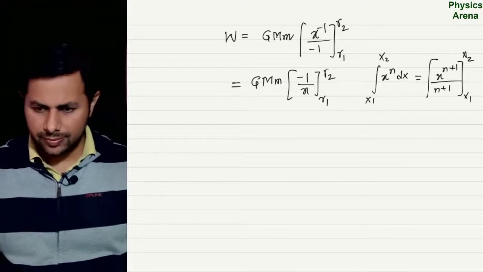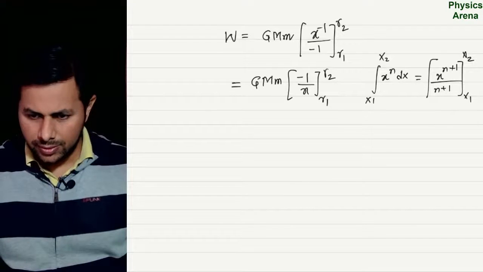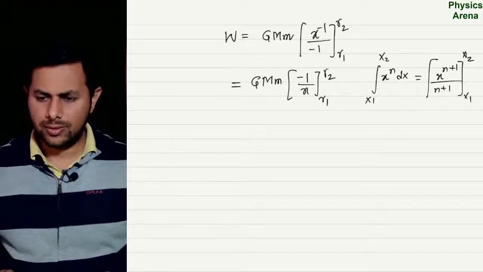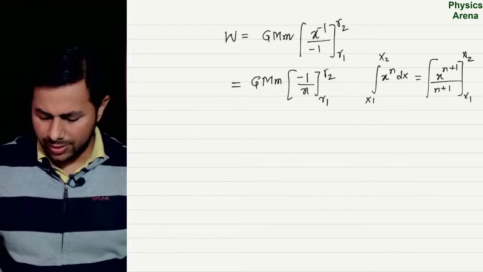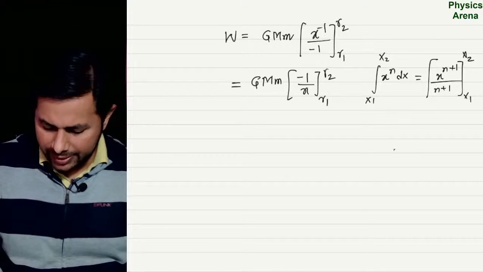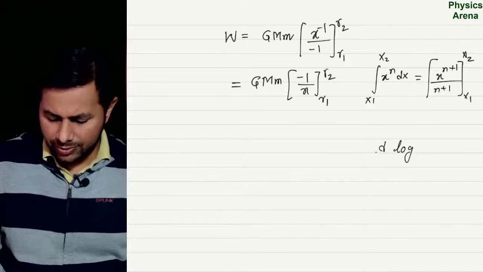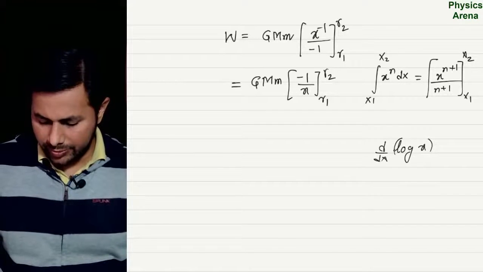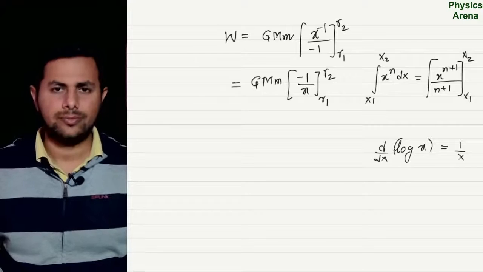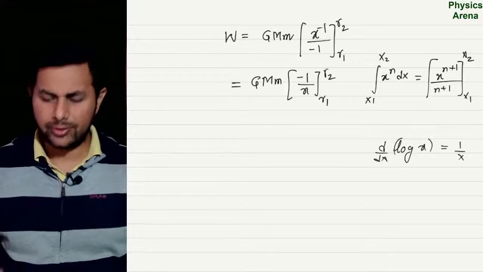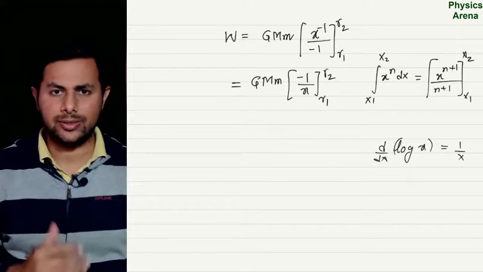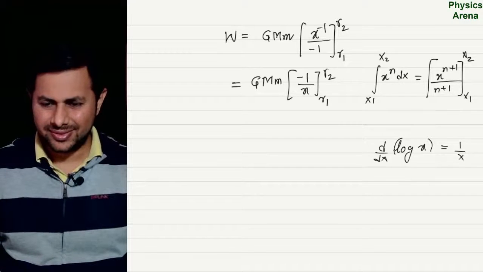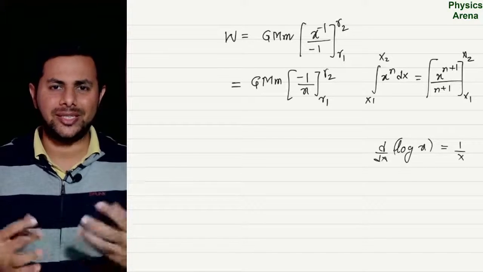So is it clear? Actually, I cannot explain that in detail. Just the derivative of log x is 1 over x. So the integral of 1 over x will be log x. All right. 1 over x can be written as what? x raised to minus 1.